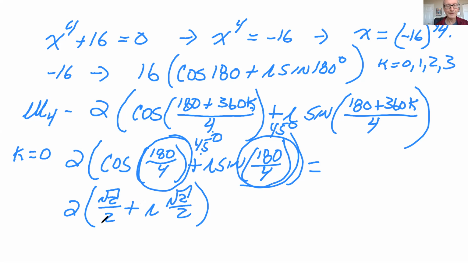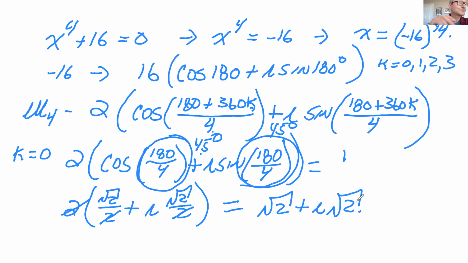And so you see that these 2's would cancel with the 2 out front. And with k equals 0, you would get square root of 2 plus i square root of 2. So that would be with k equals 0.